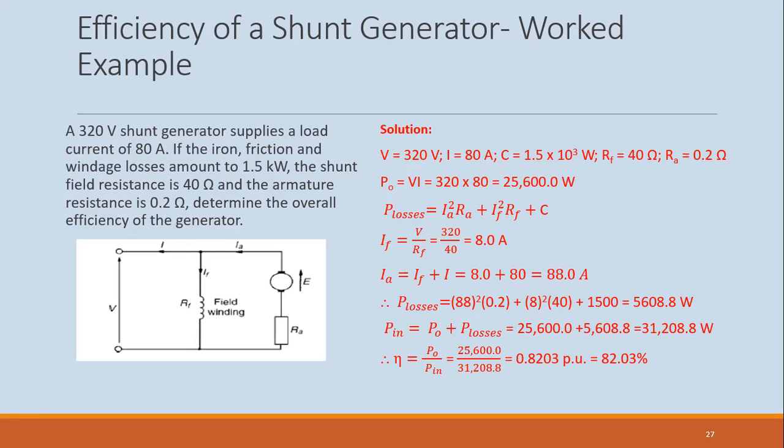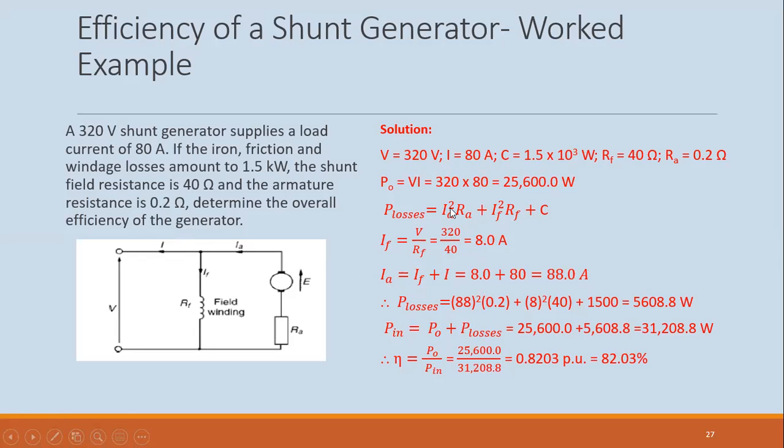All right. From Kirchhoff's law, IA would be equal to IF plus I. We know what I is equal to already, 80, and we had worked out IF a while ago, so IA would be 88 amps.